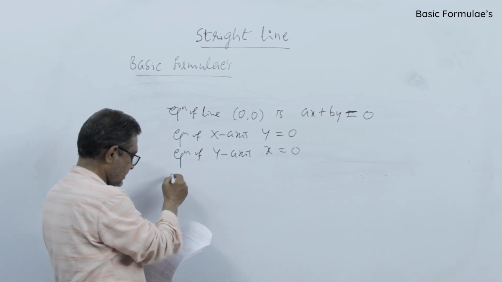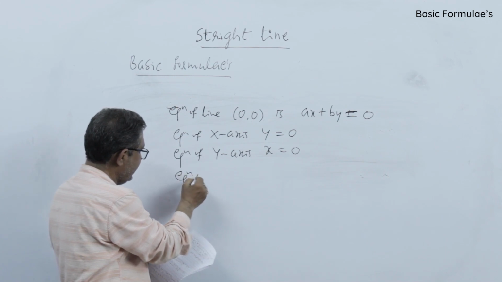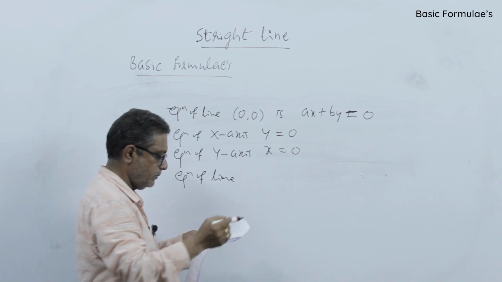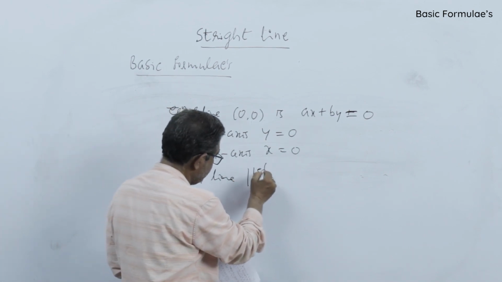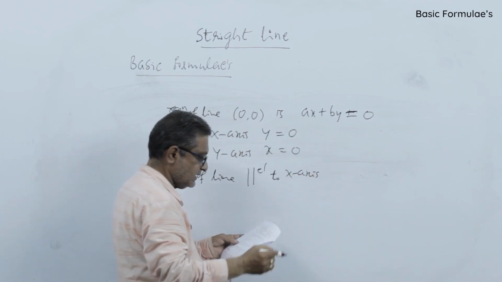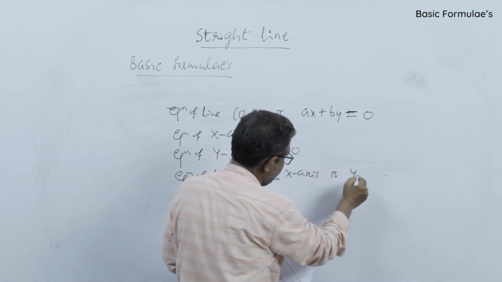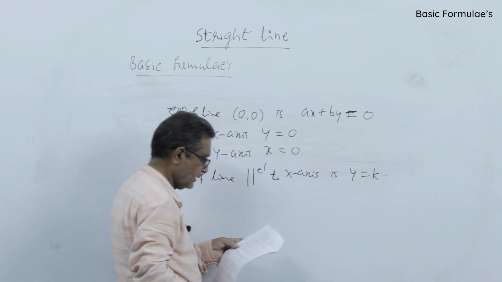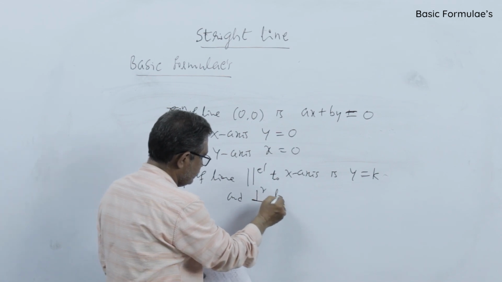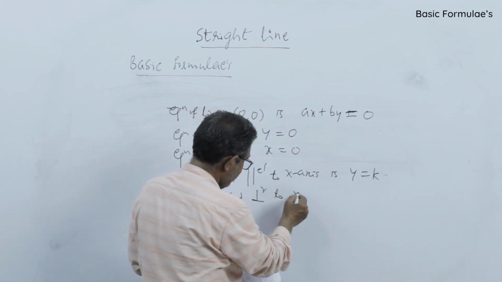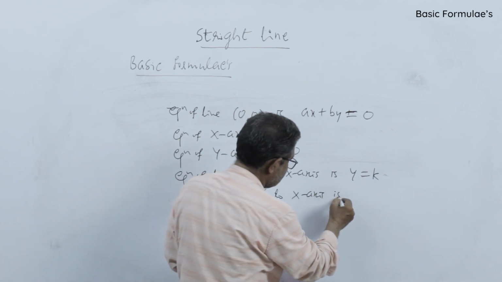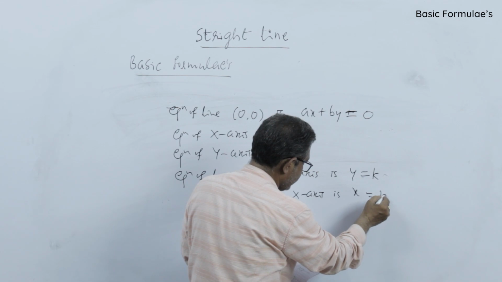Next, the equation of a line parallel to the x-axis is y equal to k, and perpendicular to the x-axis is x equal to k.